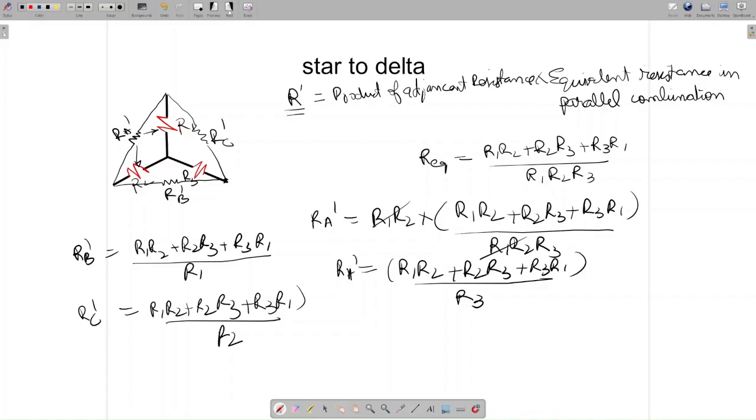Now let's solve an example. So suppose we have an arrangement.